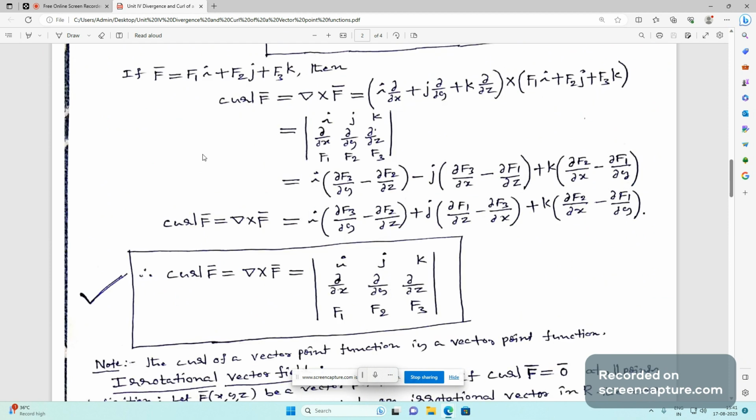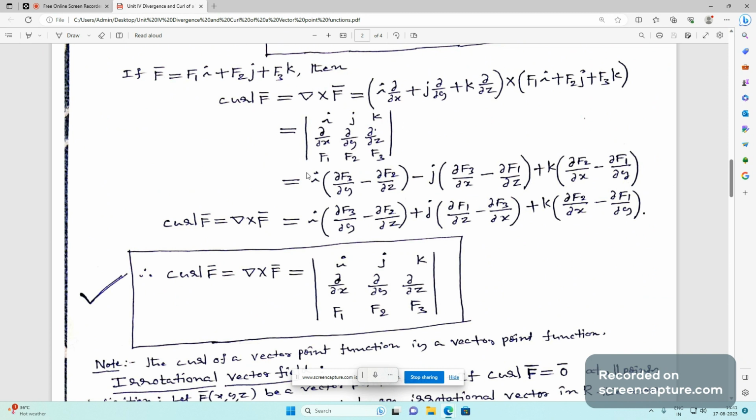If f bar equals f1 i plus f2 j plus f3 k, then curl f bar equals del cross f bar equals i ∂/∂x plus j ∂/∂y plus k ∂/∂z cross f1 i plus f2 j plus f3 k, which is the determinant with first row i, j, k, second row ∂/∂x, ∂/∂y, ∂/∂z, third row f1, f2, f3.